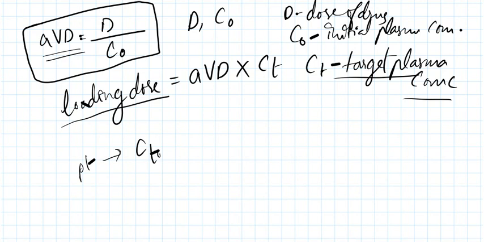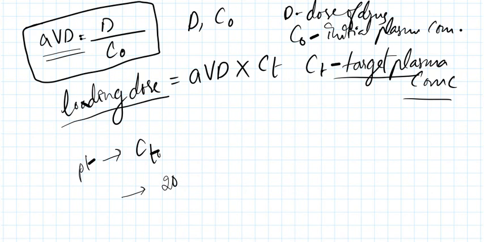For example, you want to obtain a target plasma concentration of 20 micrograms per liter of the body fluid. So what is the loading dose of the drug you should give? So that is the target plasma concentration.